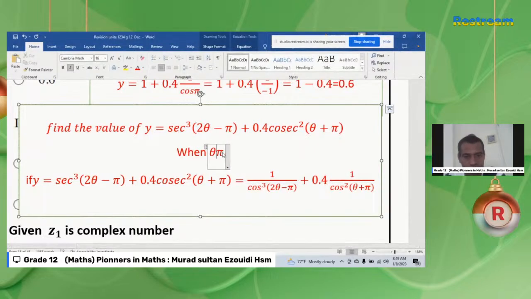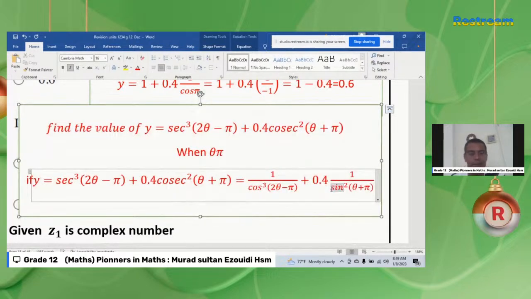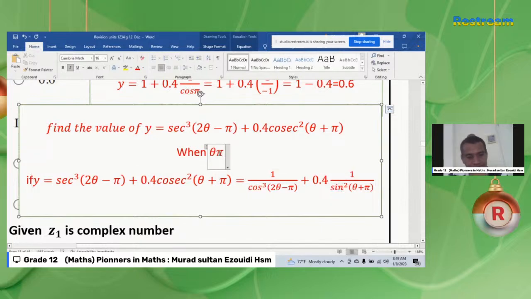This is called the sec squared. This is sine squared. I will suppose now that I consider pi over 2. Theta is equal to, okay, so I just write theta equals pi over 4, pi divided by 4.